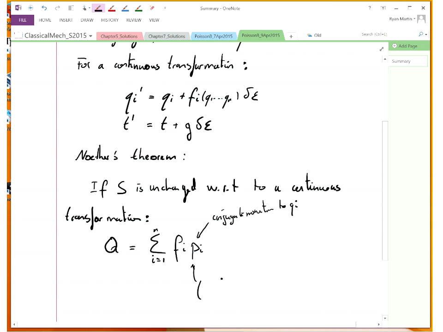We also found that from the Lagrangian, we can write that as dL by d qi dot. So this quantity Q is given by the sum over the fi pi.